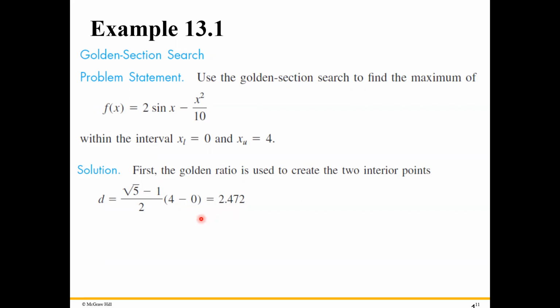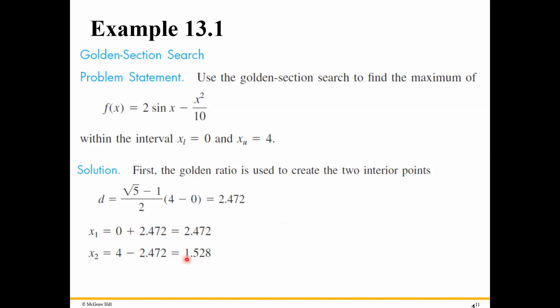After we determine d, we will determine the point x1. Point x1 will be equal to xl plus d, and point x2 will be equal to xu minus d. Here you can see that x1 is greater than x2, so x1 will occur towards the right of x2.